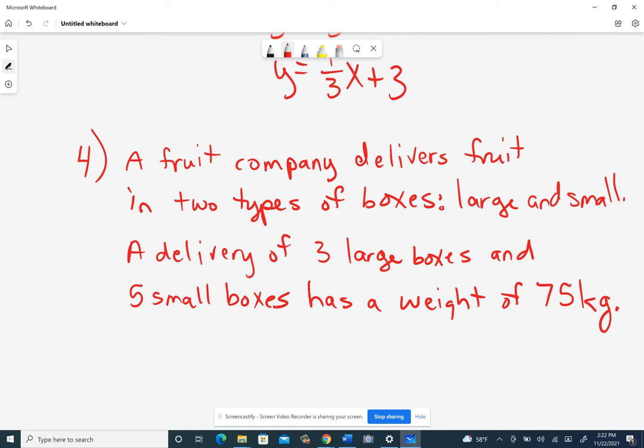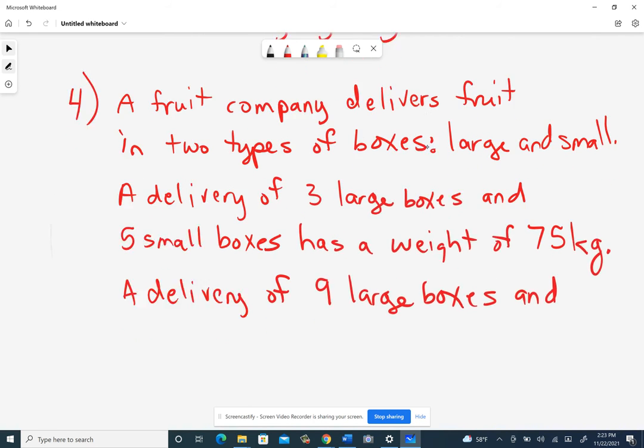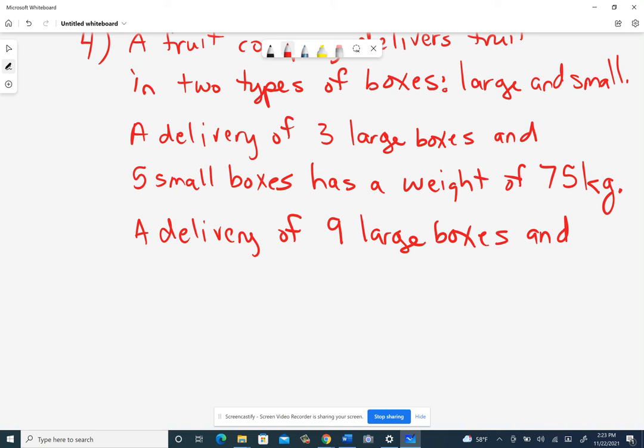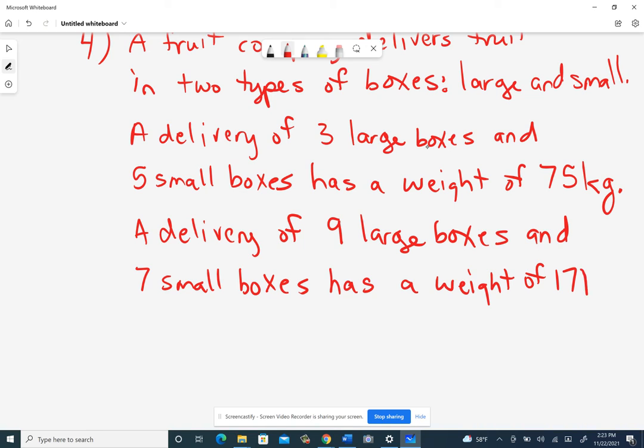Okay. Then it goes on to say a delivery of 9 large boxes and 7 small ones has a weight of 171 kilograms. Now let me check my numbers. Yep.